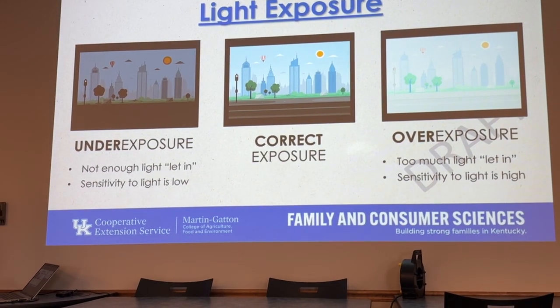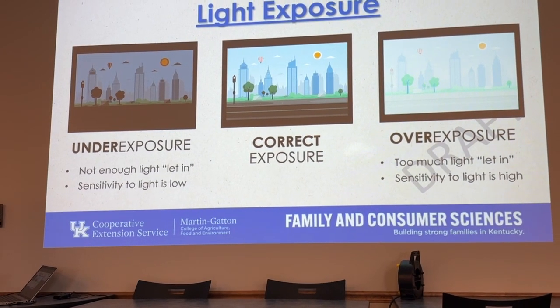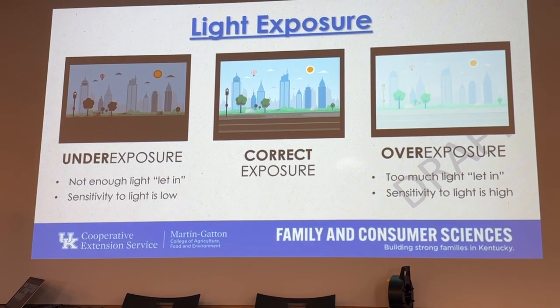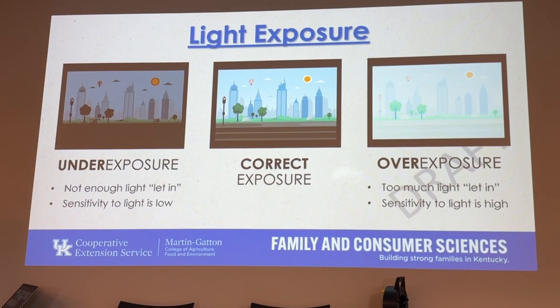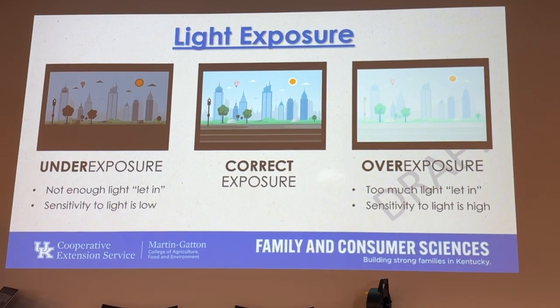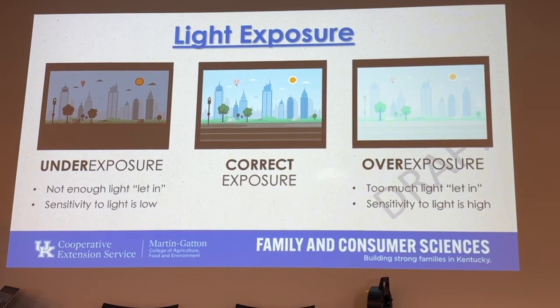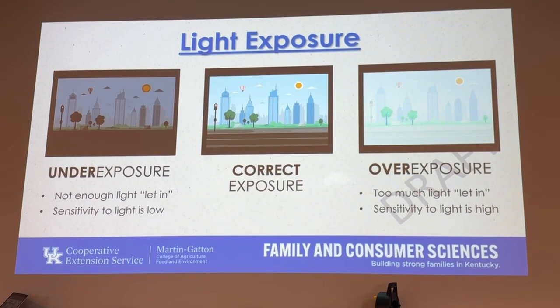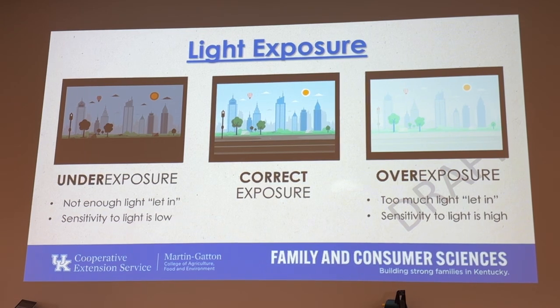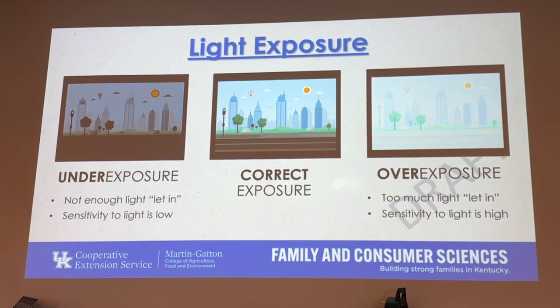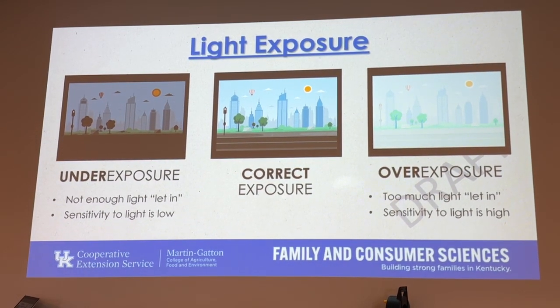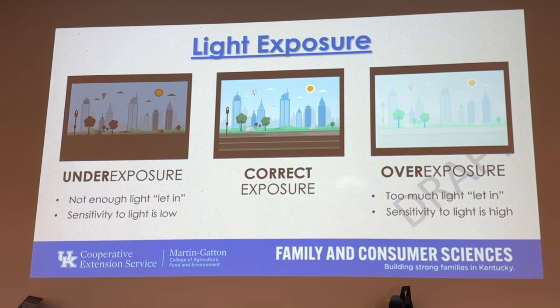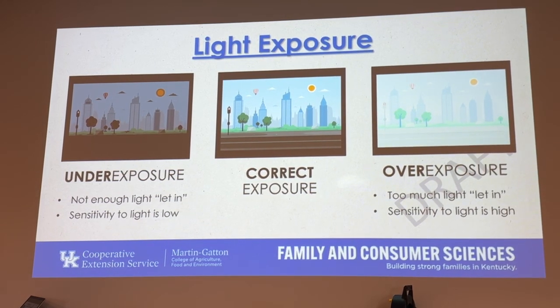A camera will handle light exposure differently depending on whether the camera uses film or is a digital camera. The sensors in your cell phone and digital camera will compensate for the lighting you're in, if you're in daylight or evening, that kind of thing.